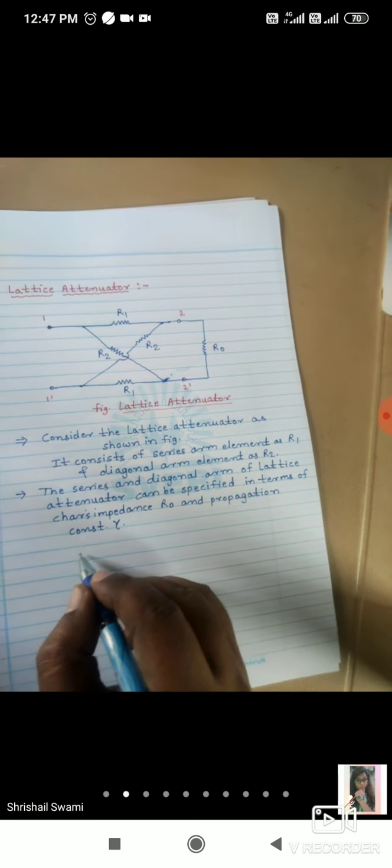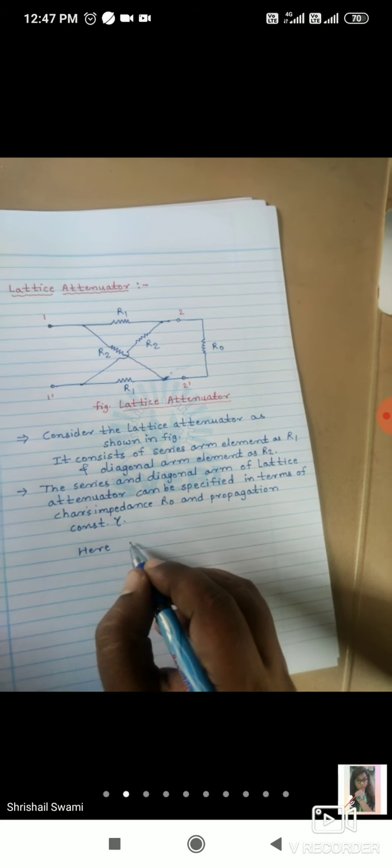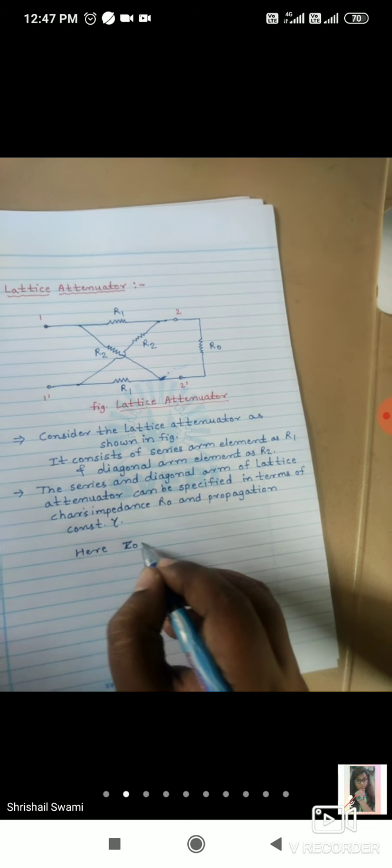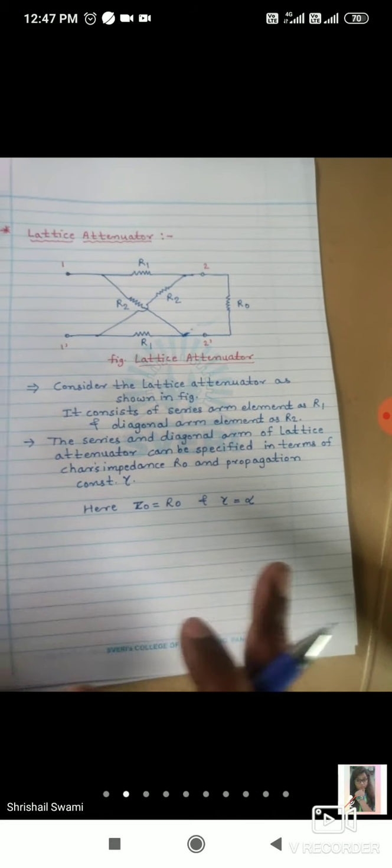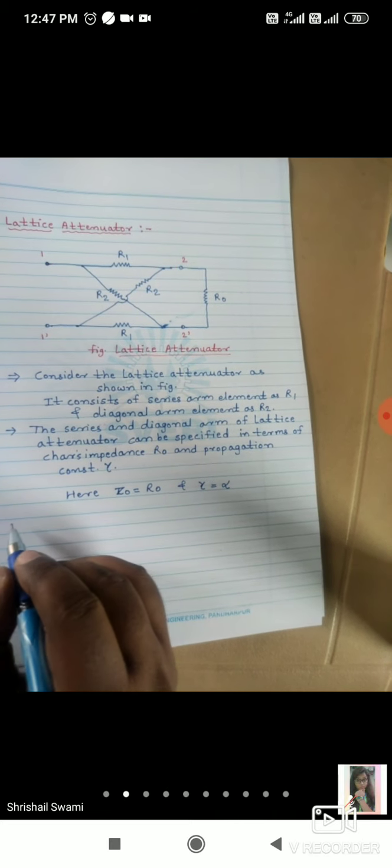So here Z0 is replaced by R0 and gamma is replaced by alpha. That is common for each and every attenuator. So we are going to start the derivation, which gives the expression of R1 as well as R2.